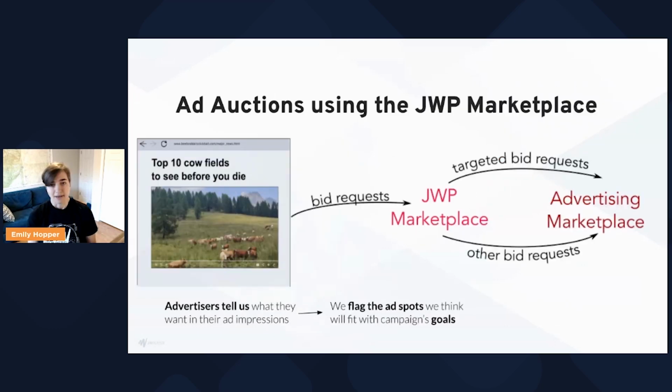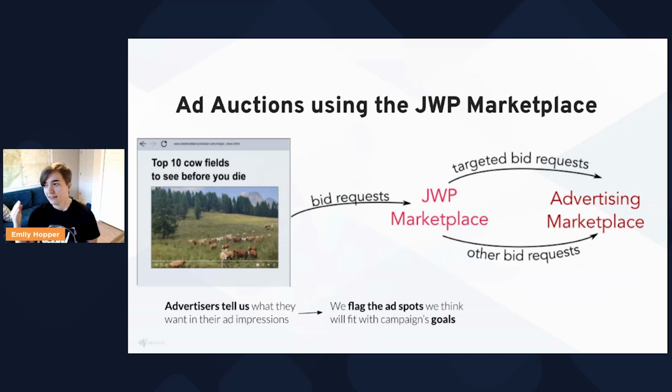Ad auctions can also happen through the JW Player marketplace. And that means that we can make use of the additional information we have on what's going on as the video player to identify better ad spots. So all of the bid requests that are coming from all of our media with all of their various potential ad spots come to us, and we decide whether to pass them as targeted bid requests to the advertising marketplace.